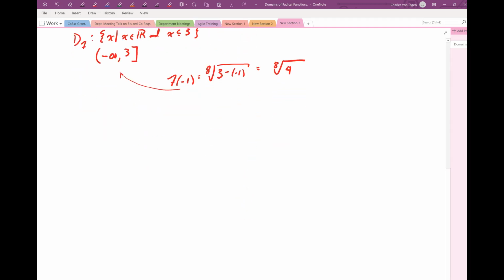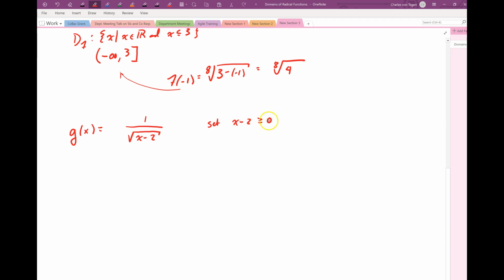It's not a nice number, but we could compute that. So let's keep going. Let's look at one that's a little more challenging. Say g of x equals 1 over the square root of x minus 2. What do we need to do now? Normally we would set the radicand to be greater than or equal to 0. But in this case, I don't want the output of the square root to be 0.